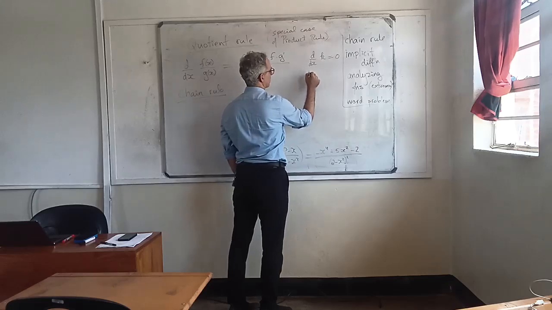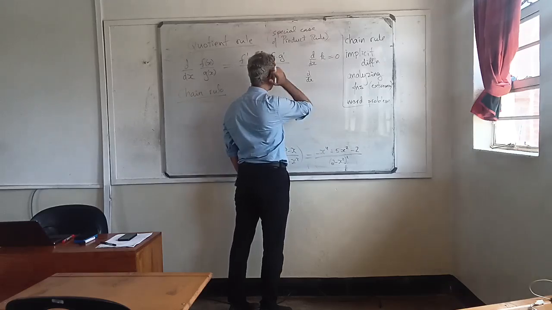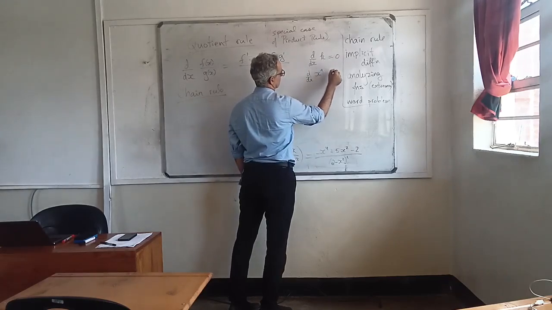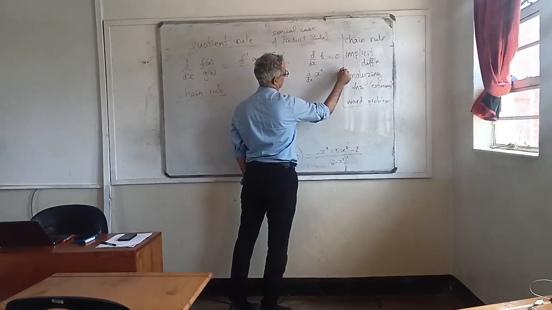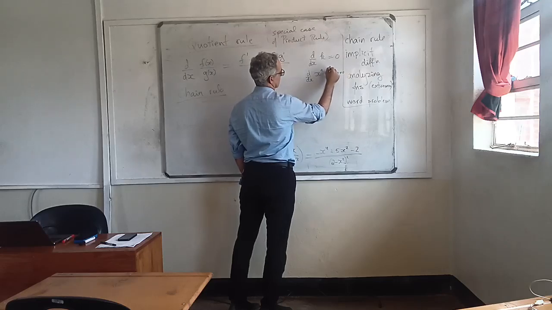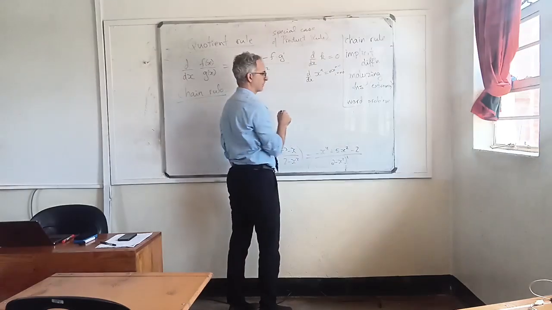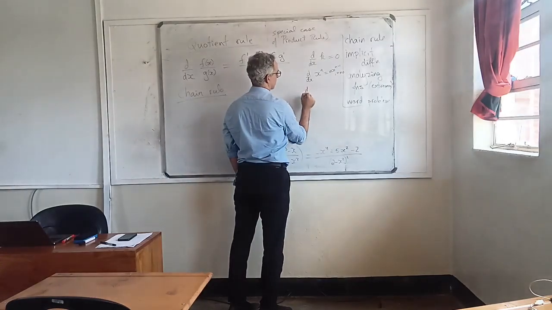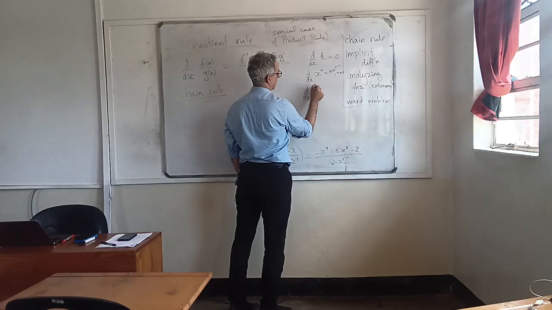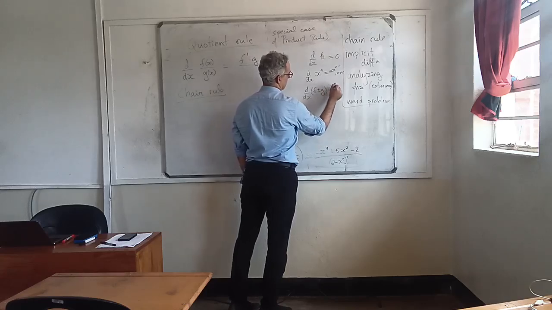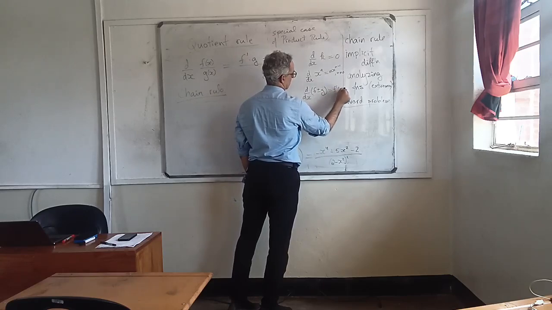The derivative of x to a power n, if n is not 0, is n x to the n minus 1. We know that the derivative of f plus or minus g is f prime plus or minus g prime.